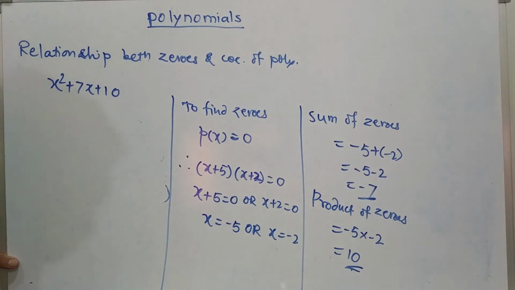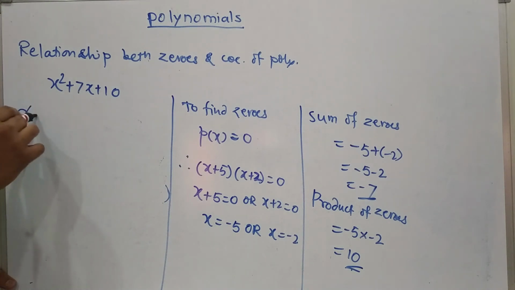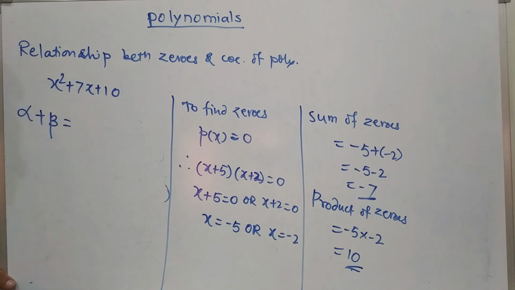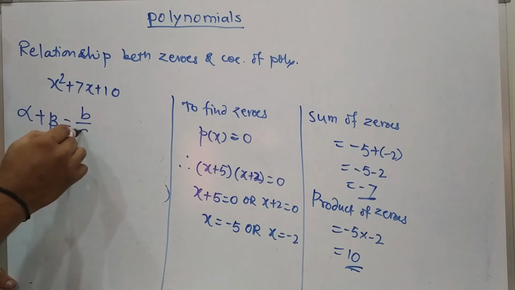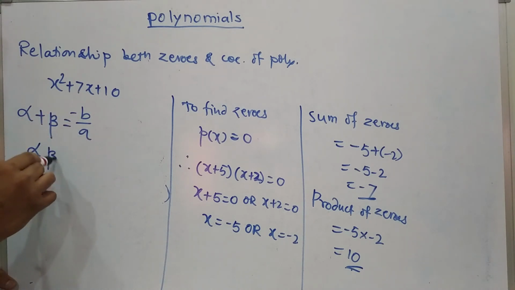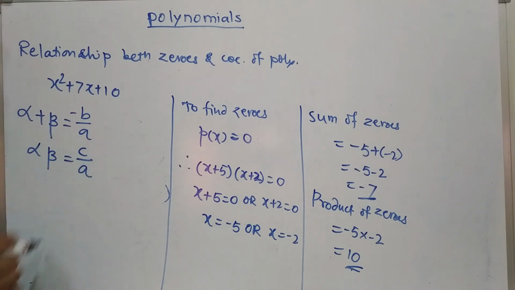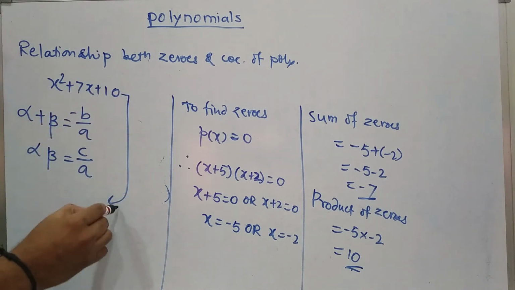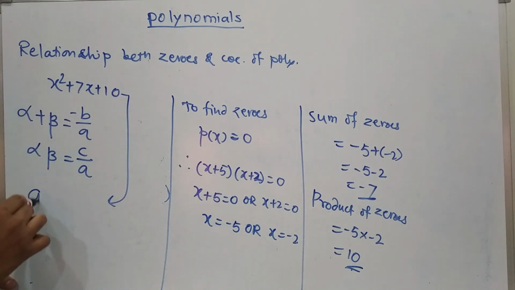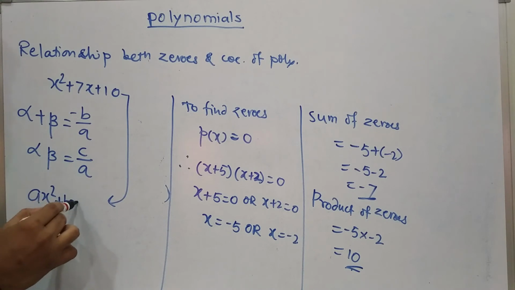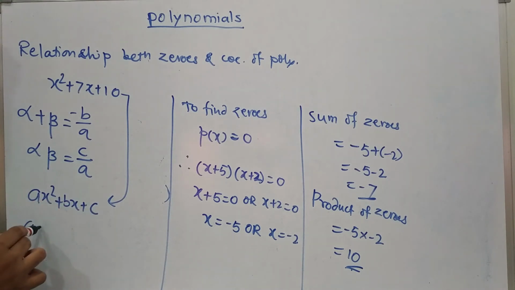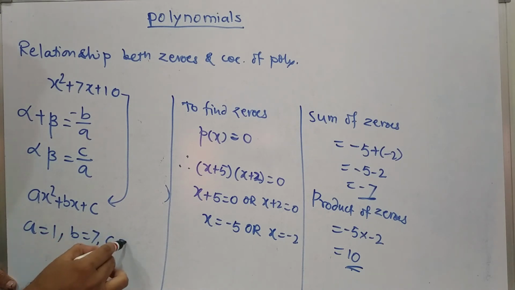Now let us calculate the value of sum of zeros and product of zeros by using the formula. We know that alpha plus beta means sum of the zeros is equal to minus b upon a, and alpha into beta is equal to c upon a. Now let us compare this polynomial with ax square plus bx plus c. So here you will get a is equal to 1, b is equal to 7 and c is equal to 10.